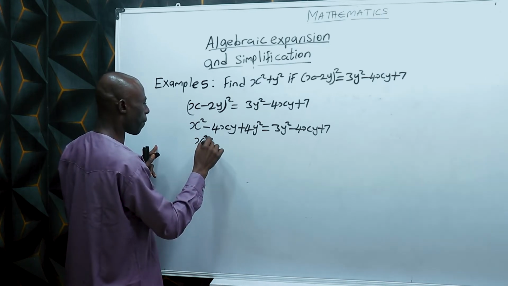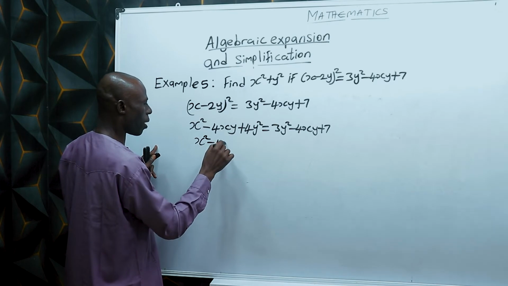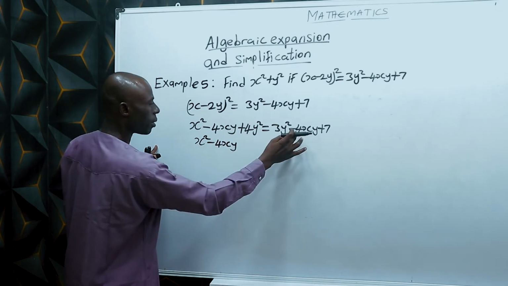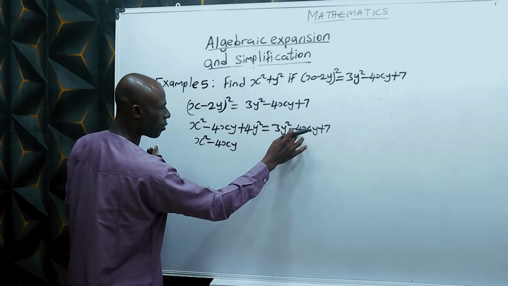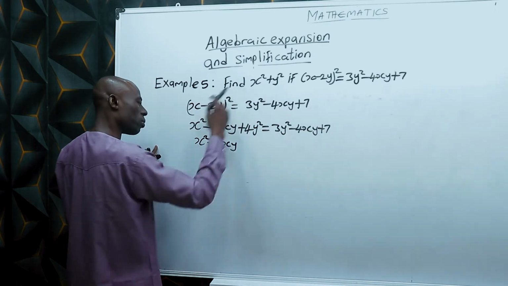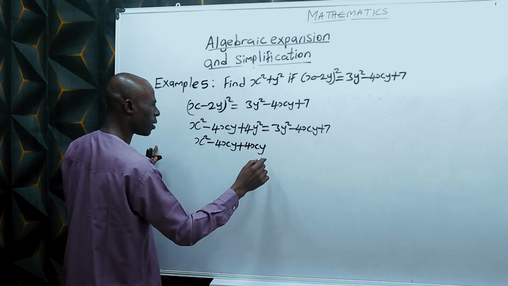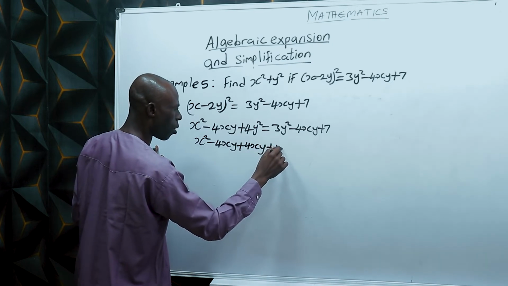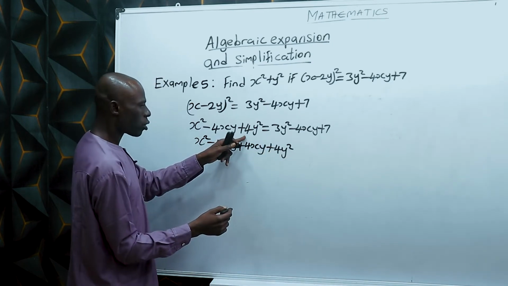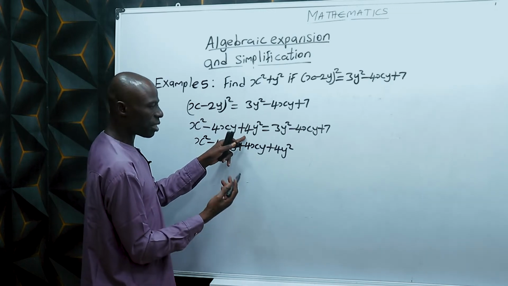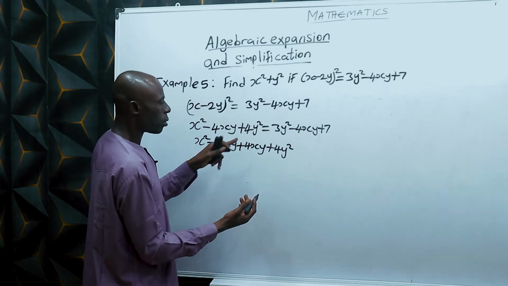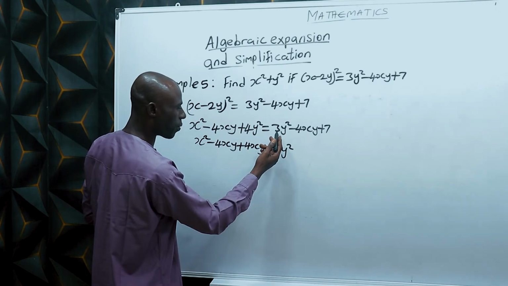So we have x squared, negative 4xy, and something is like it, negative 4xy on the other side. Bring it to this side, it gives you positive 4xy. Also, plus 4y squared here. Something is like it, having the same structure, and that is positive 3y squared.